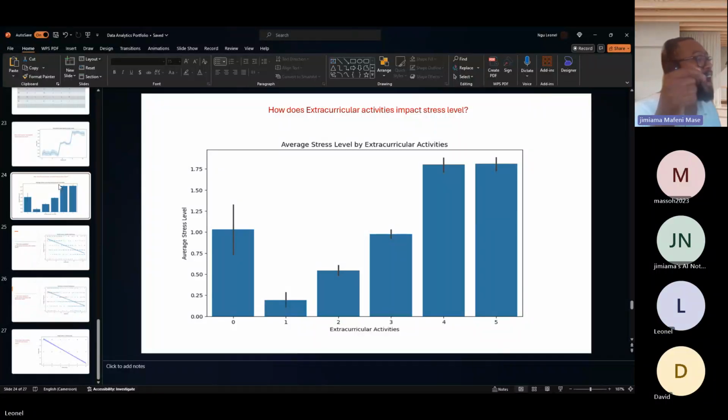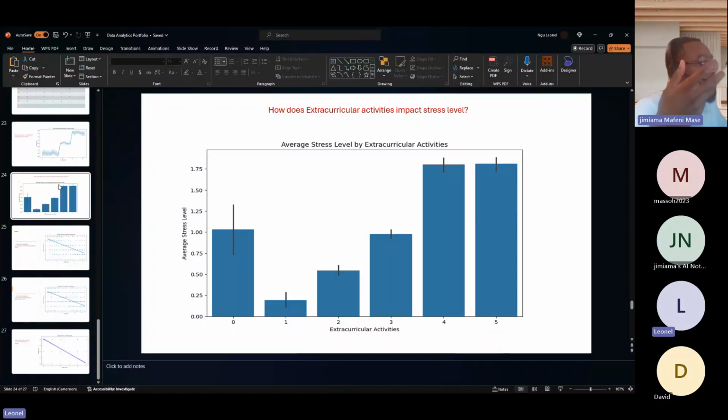So what if you find out that they are similar, and you find out that there's a statistical difference between the average stress level for two activities compared to three? You see the average stress level of two activities is a little bit lower than that compared to three, right? If you find out that it's statistically different, so the average stress level for two is statistically different from the average stress level of three, what your recommendation would be, because you want people to have extracurricular activities, right?